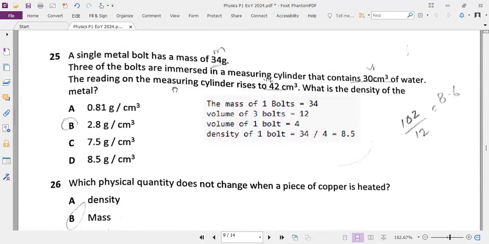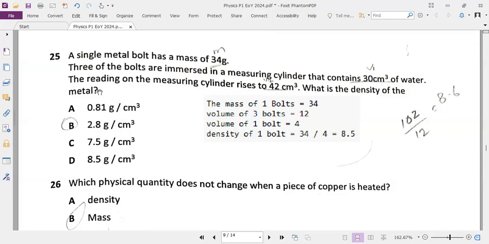Another tricky question here, where we have the mass of a single bolt. And then we are given the volume of three bolts rising to 42. That comes out to be 12 cubic centimeters. And you're asked the density of the metal. Look at the word here. The metal and the metal bolt. So these two should click something in your mind that the density doesn't have anything to do with the quantity of the material.